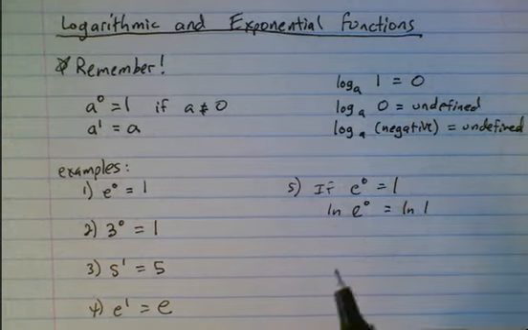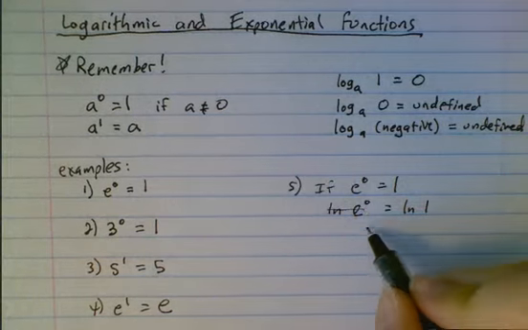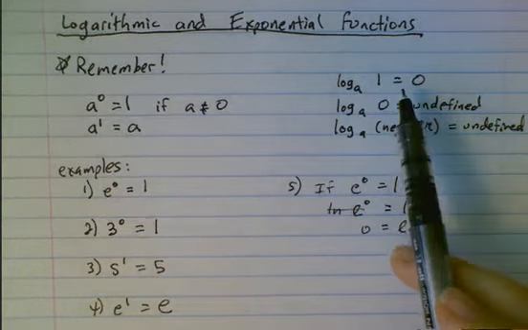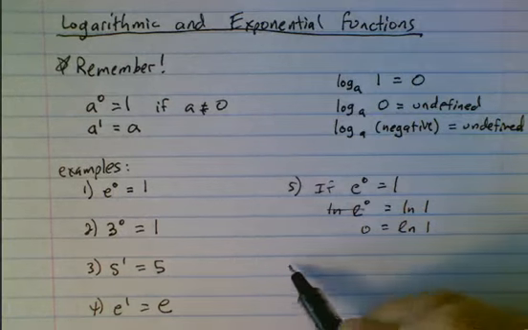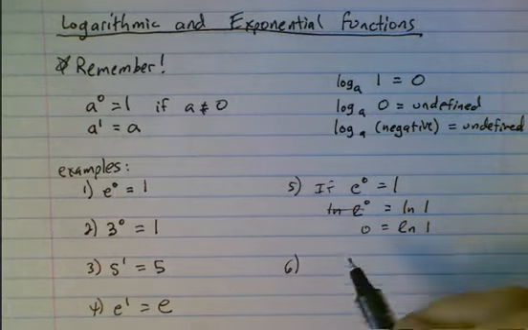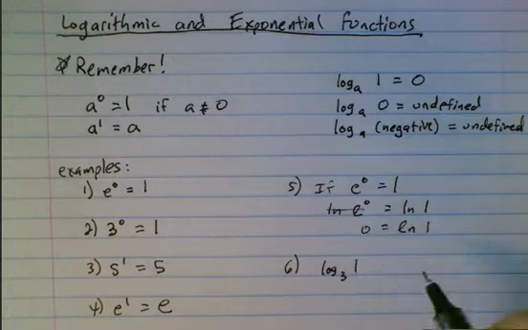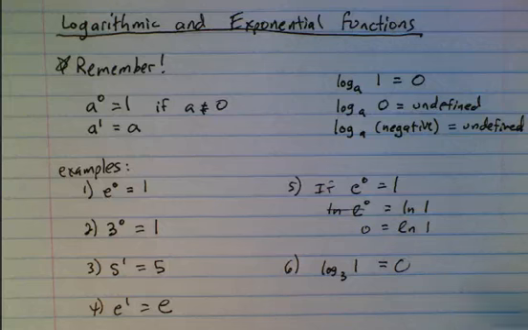These undo each other. So 0 equals the natural log of 1. That's where this right here comes from. So now that we know that, we can just use it as a shortcut. So if I said, okay, what's log base 3 of 1? Just use those rules. 0.